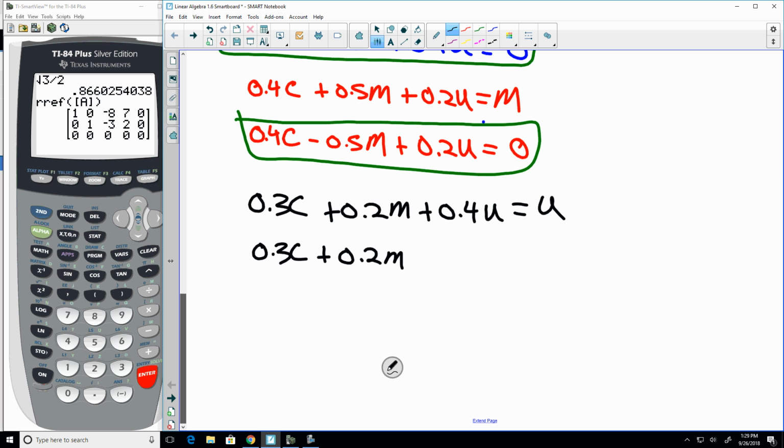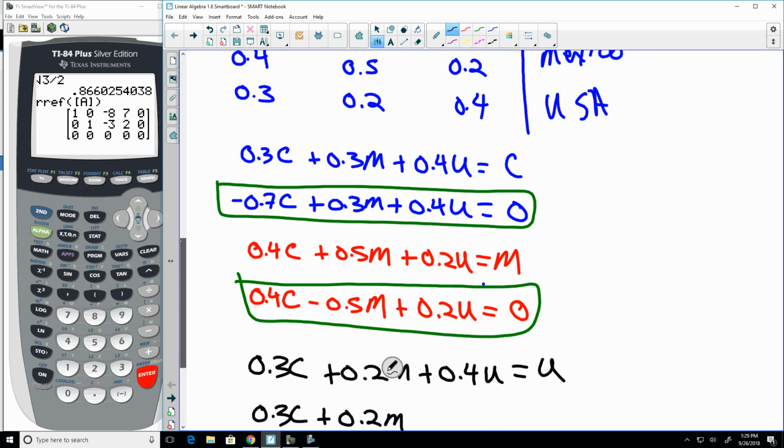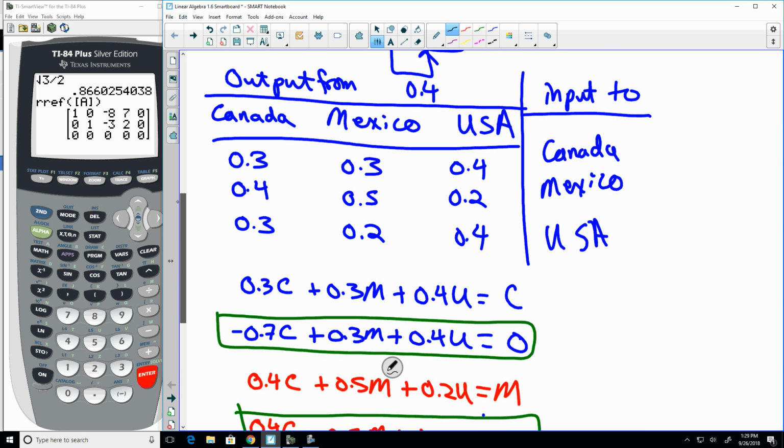I thought it was 40%. It's 40% to Canada, 20% to Mexico, and 40%, right? Yeah. That adds up to 100%. We're looking at USA's exports, right? But this is what the USA's bringing in. Their imports, right? So 30% of Canada's exports and 20% of Mexico's exports, and they're keeping 40% of their own.